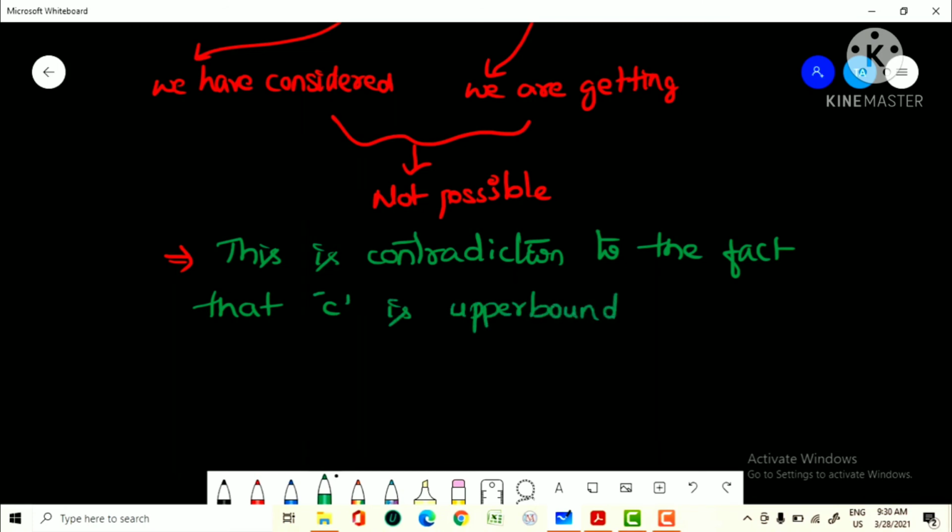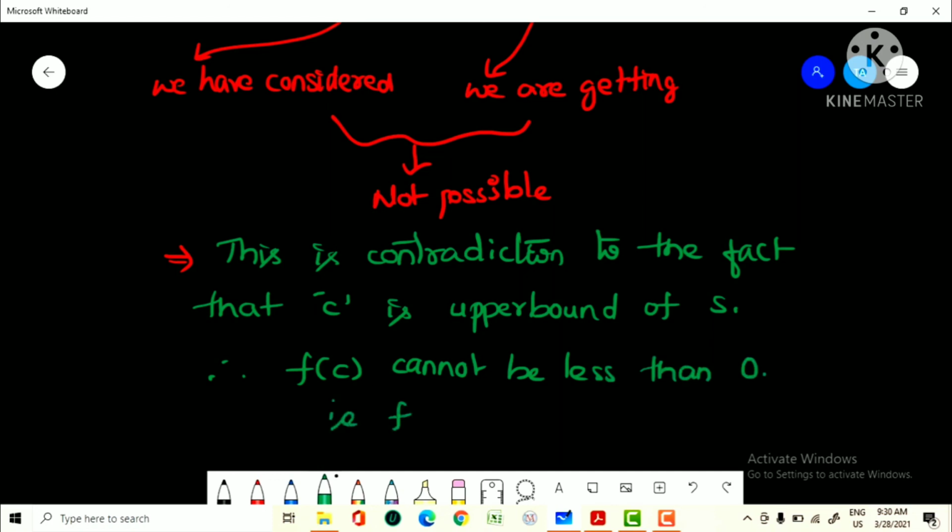C is an upper bound of S. Therefore, f of C cannot be less than 0. That is, f of C less than 0 is not possible.